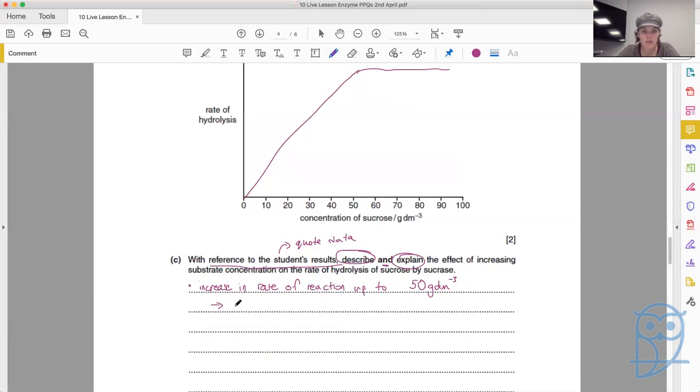So substrate concentration is your limiting factor. And because your substrate concentration is limiting, not all your enzymes are busy, so you have available active sites.